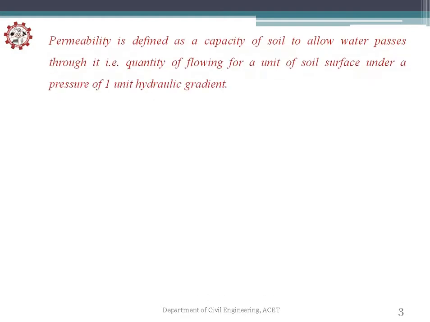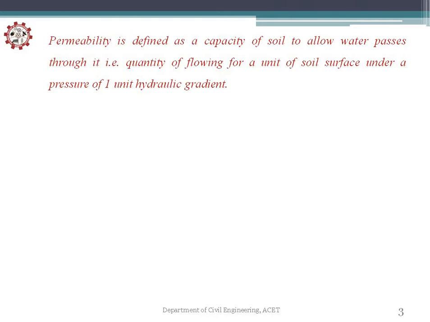So first let us see what permeability means. Permeability is defined as the capacity of soil to allow water passage through it, that is, the quantity of flow for a unit soil surface under a pressure of 1 unit hydraulic gradient.